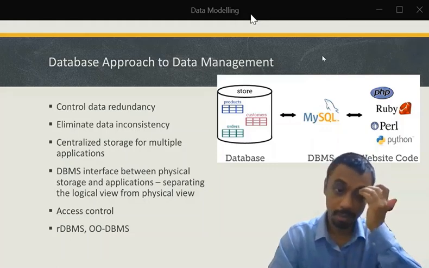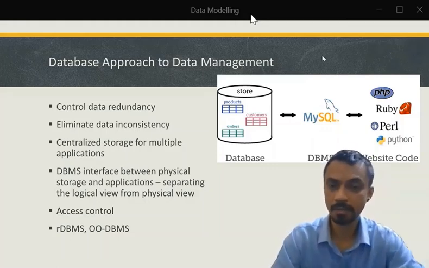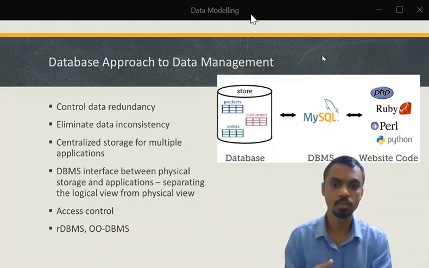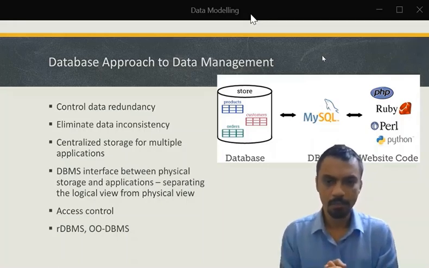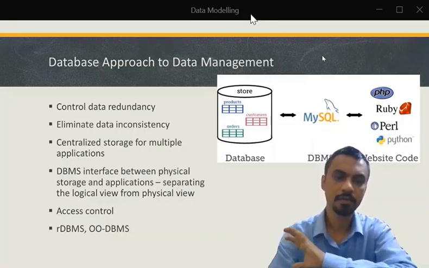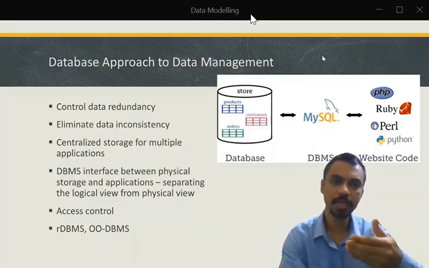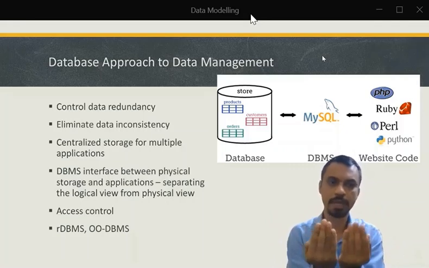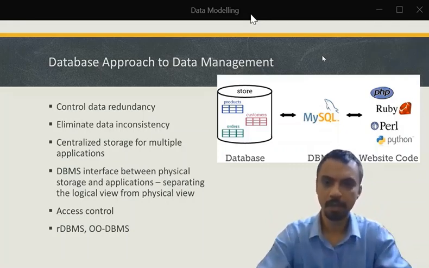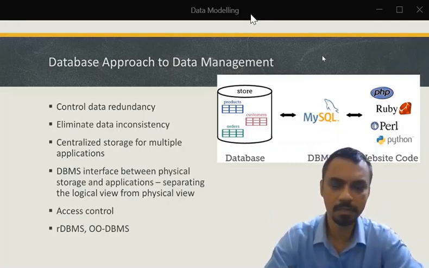The other purpose that the DBMS serves is to separate the logical view from the physical view, which means physically the data may be stored in any way, but logically it appears to you side by side, what you want to see. So let me give an example of this: Instagram. Many of you would have used it or know what it is.